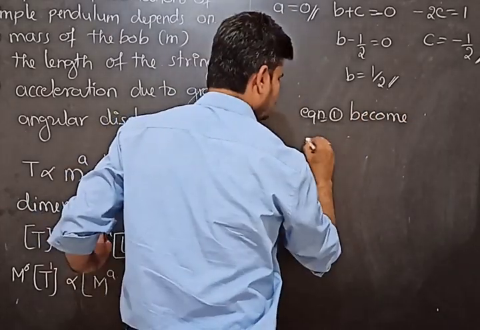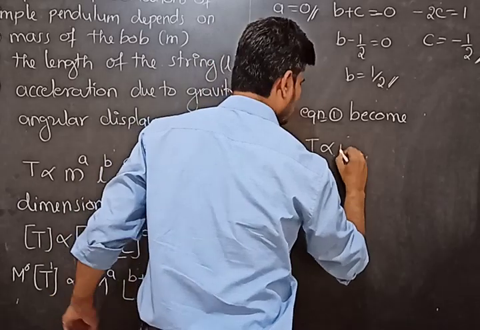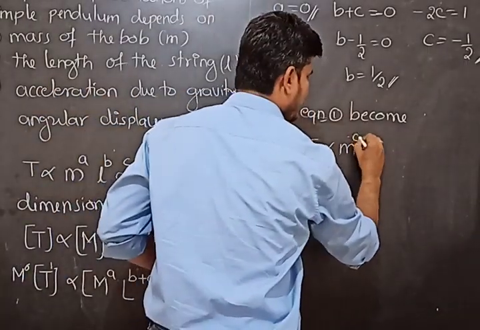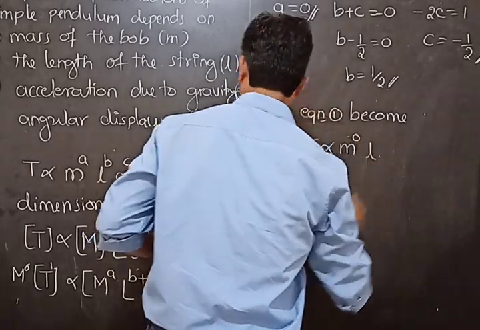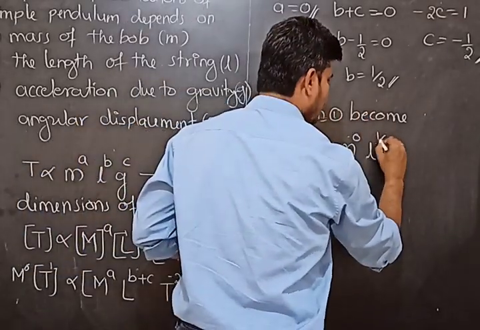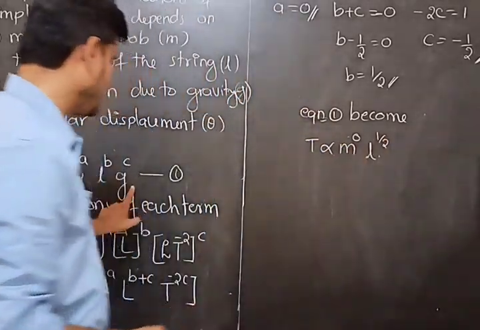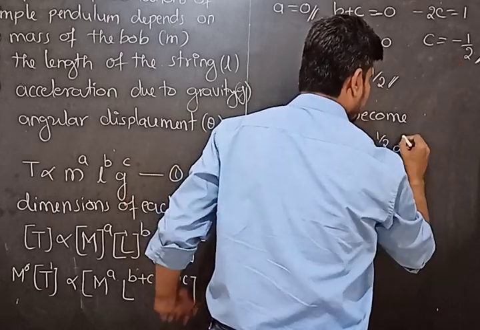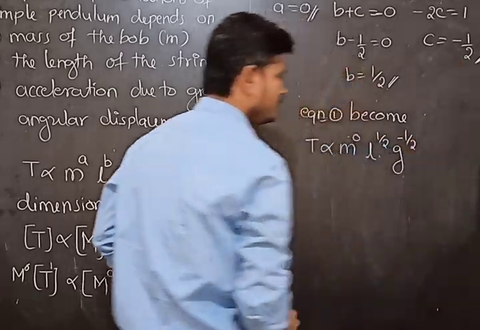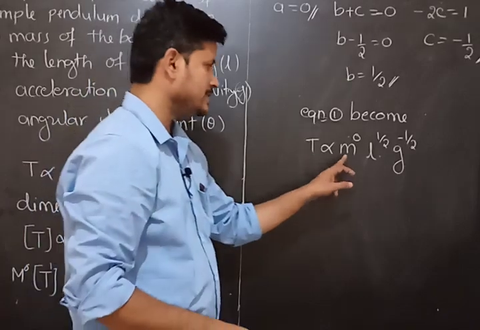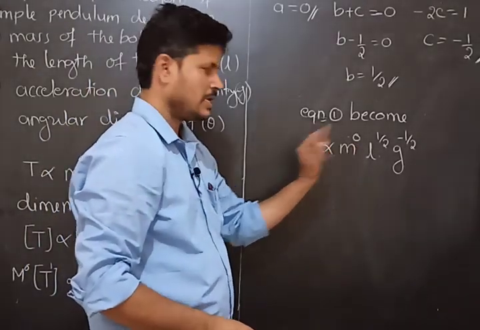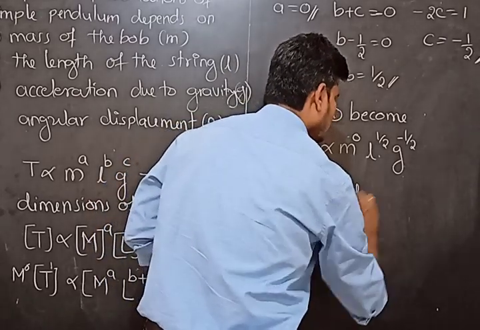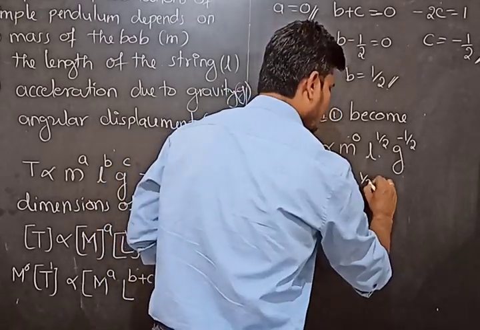Equation 1 becomes T is proportional to m raised to a, where the value of a is 0, L raised to b, where b is 1 by 2, and g raised to c, where c is minus 1 divided by 2. Anything raised to 0 is 1. Next, T is proportional to L raised to 1 divided by 2.